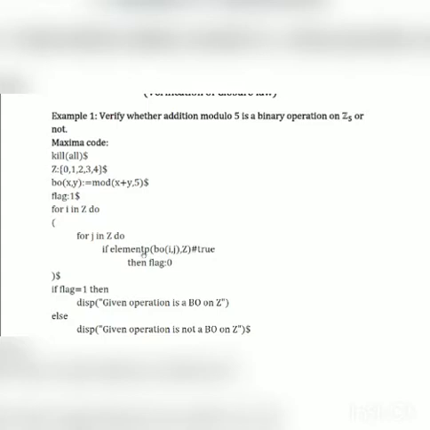That means it predicts whether this element is present in this set or not. Element predicate this value, binary operation of I and J in Z. If it is not equal to true, that means this element is not present in Z, then we'll assign flag as 0. Flag will be assigned the value 0.